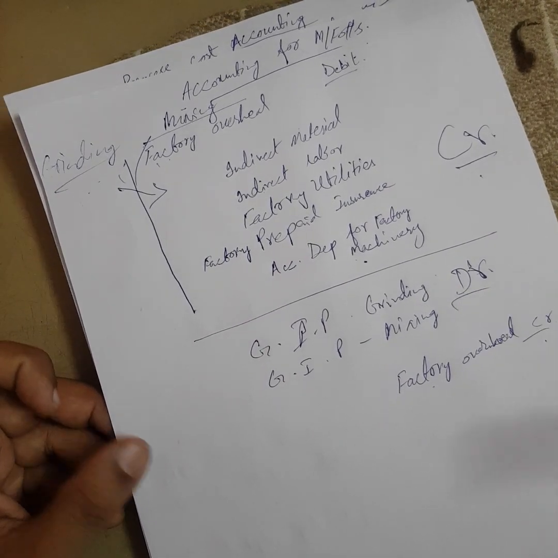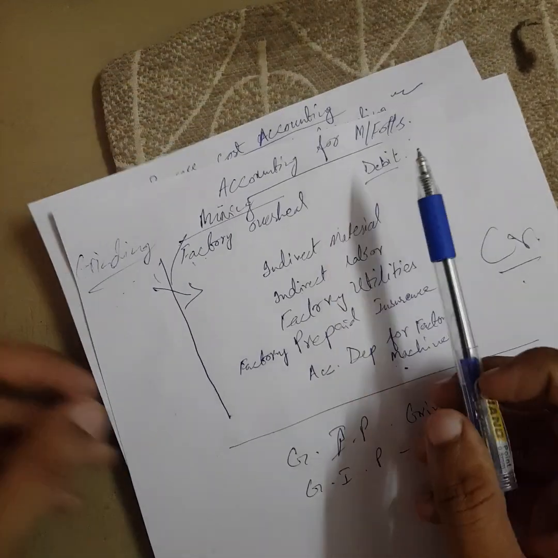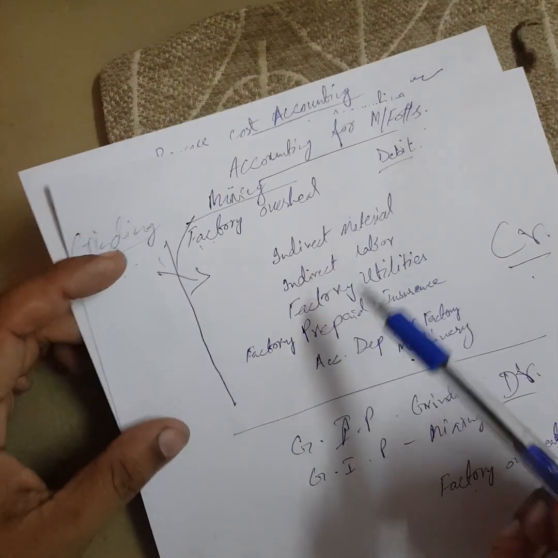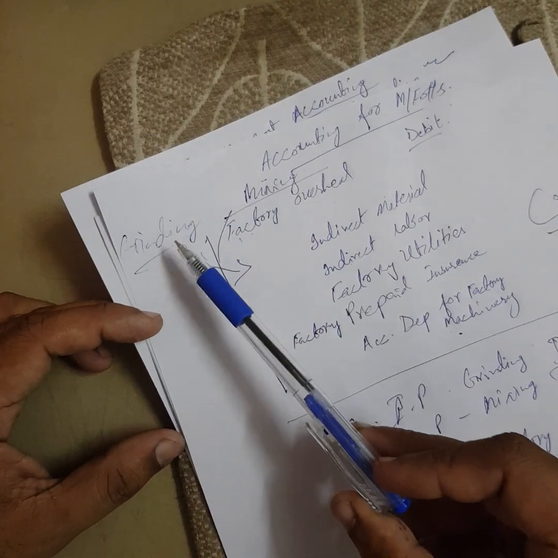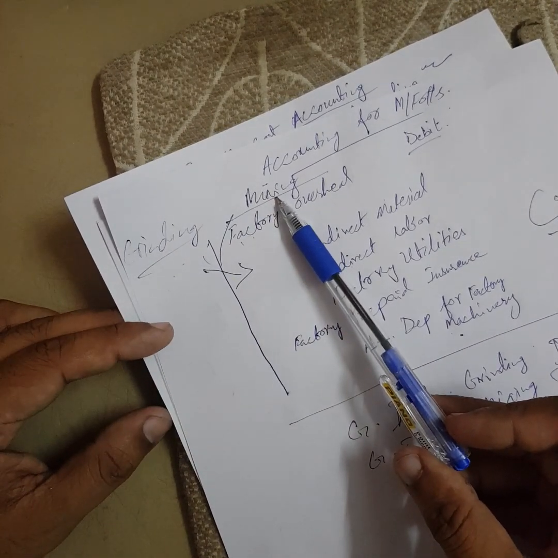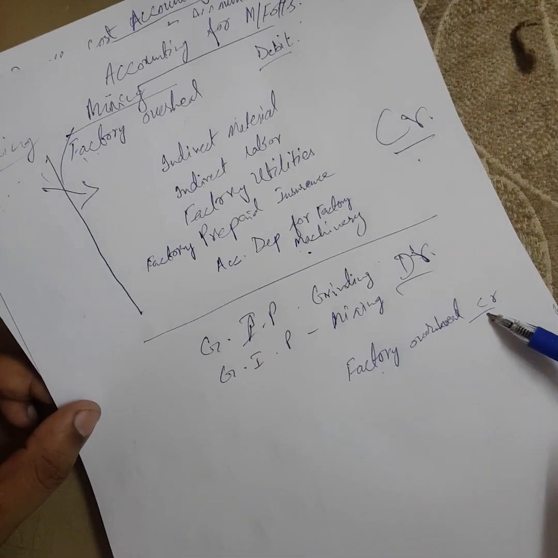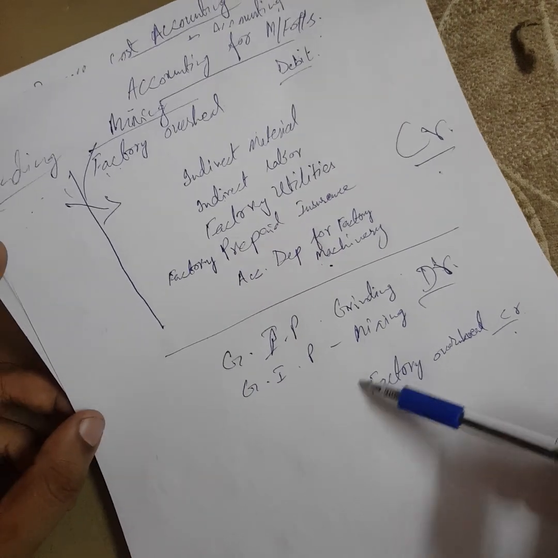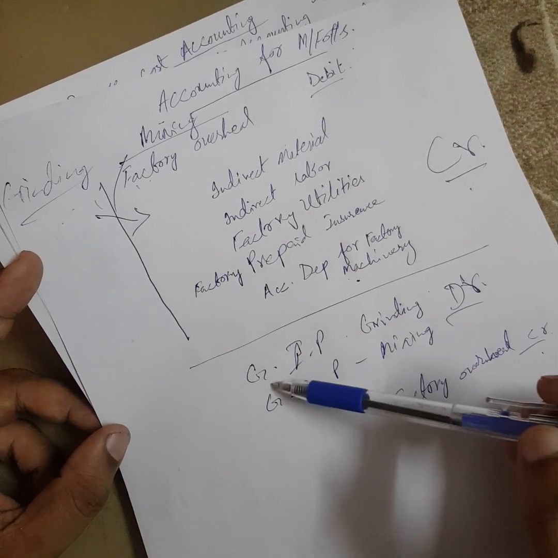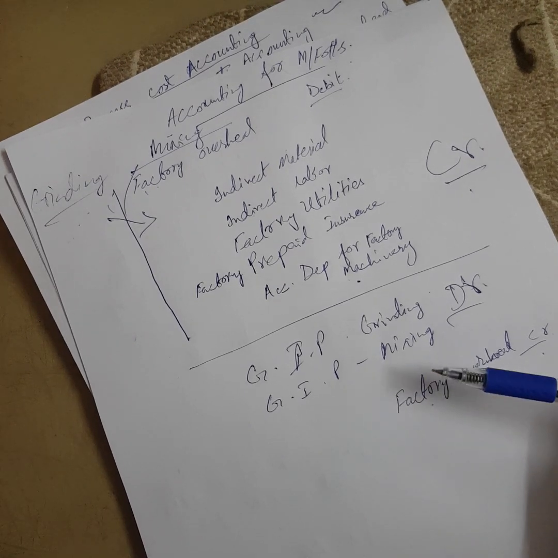So for accounting for manufacturing overheads, we have to deal with two types of entry, one for the grinding department factory overhead, another for the mixing department overhead. Then we will add those overheads, write factory overhead credit with the total amount, and write their overheads as goods in process inventory grinding debit, goods in process mixing debit.